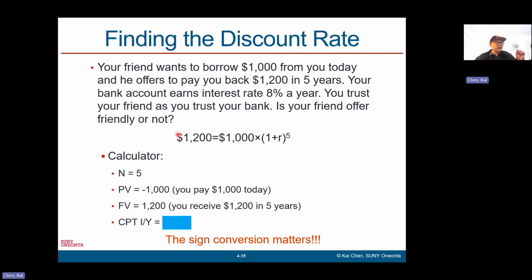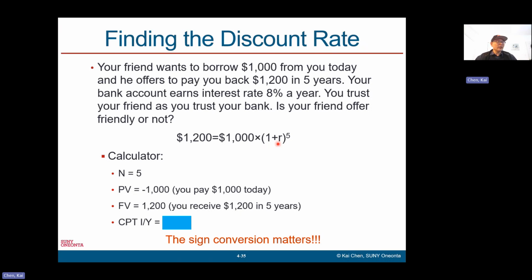After we have this equation, we can solve it in two ways. One is to solve it mathematically, using math step by step until we find the value of the unknown.